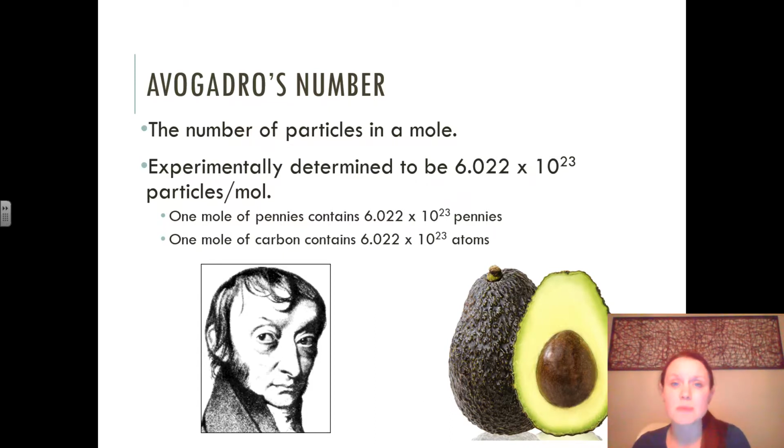If you look at the two examples on the slide, if I told you I had 1 mole of pennies, that would be 6.022 times 10 to the 23rd pennies. One mole of carbon contains 6.022 times 10 to the 23rd atoms of carbon.